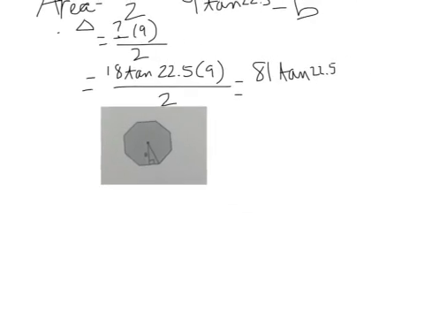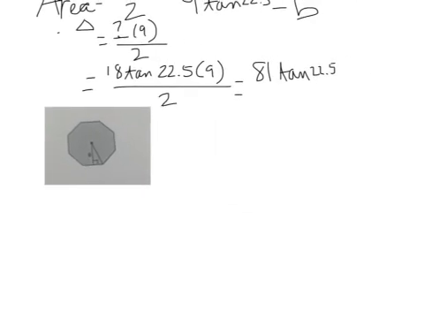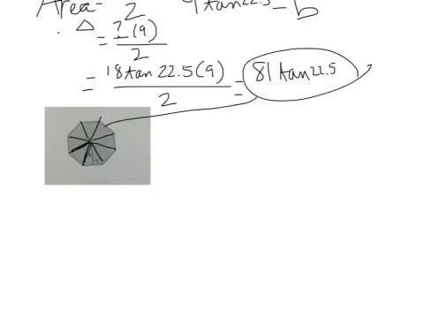So this triangle right here, each one of these triangles made by connecting the radii, each one of them has an area of 81 tangent of 22.5.